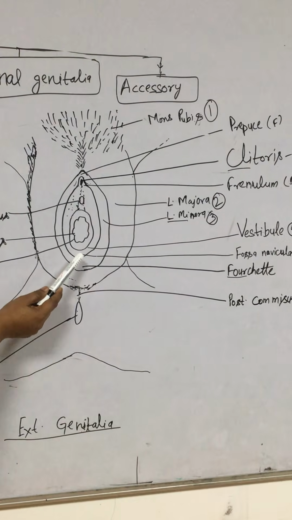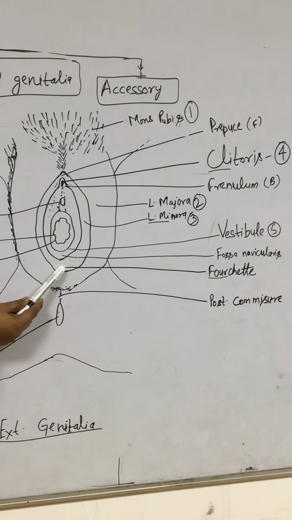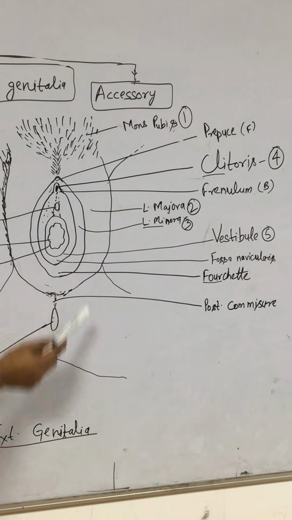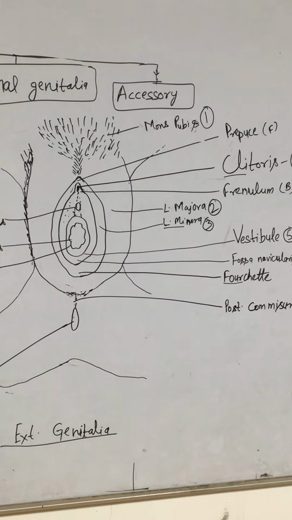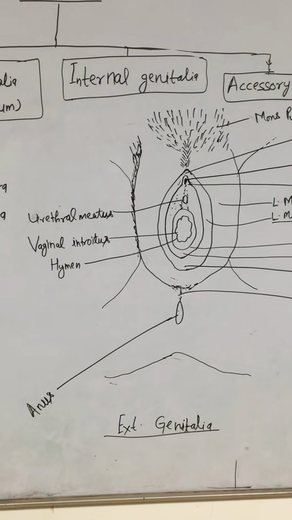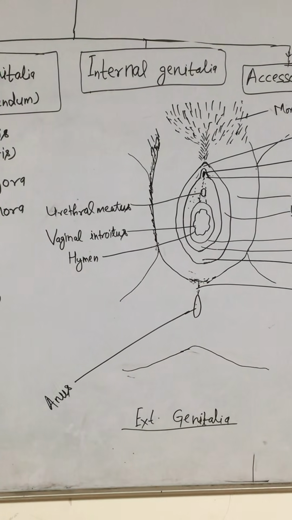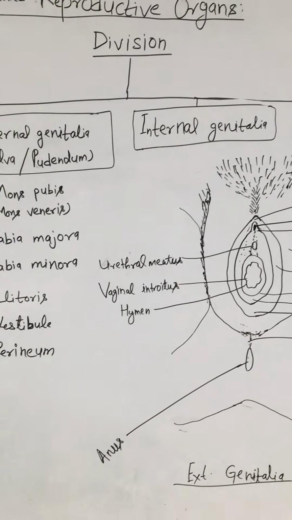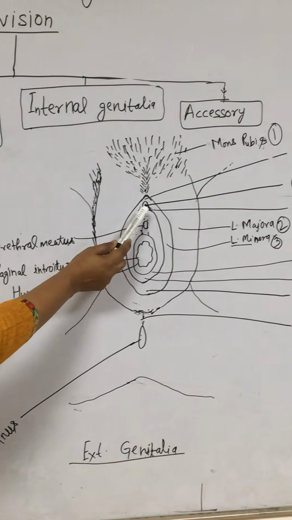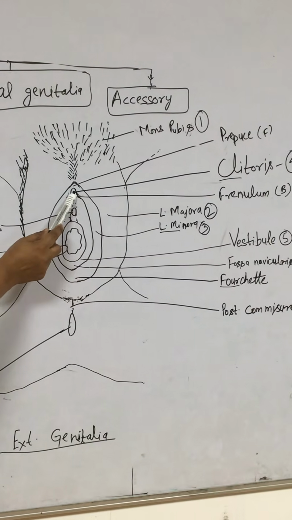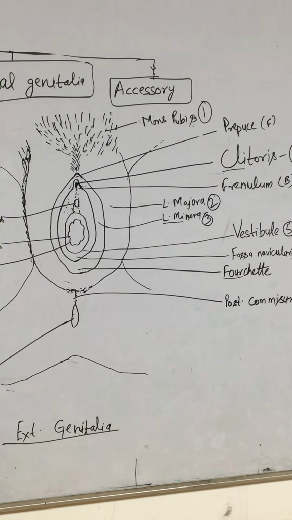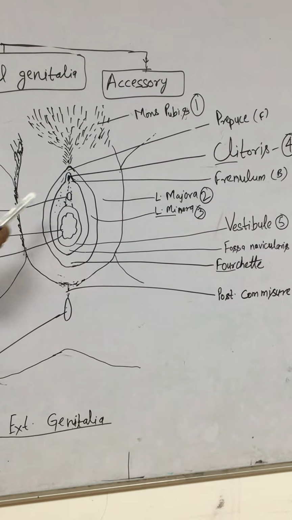Between the hymen and fourchette, the space is called the fossa navicularis. Next part is the clitoris. It is a small cylindrical erectile body situated in the anterior part of the vulva.